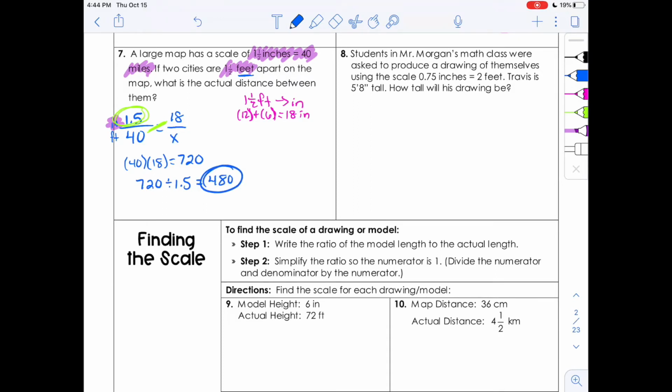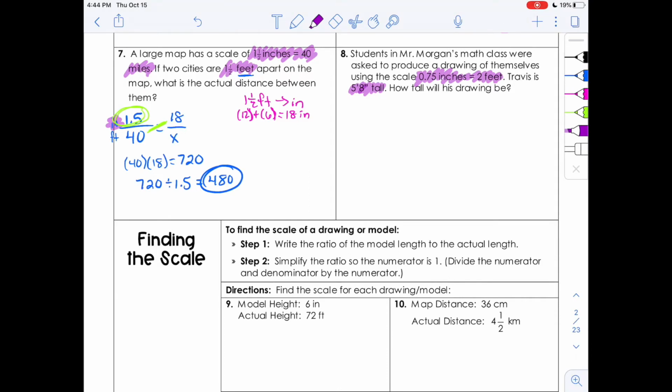Number 8, students in Mr. Morgan's math class were asked to produce a drawing of themselves using a scale of 0.75 inches equals 2 feet. Travis is 5 feet 8 inches tall. How tall will his drawing be?